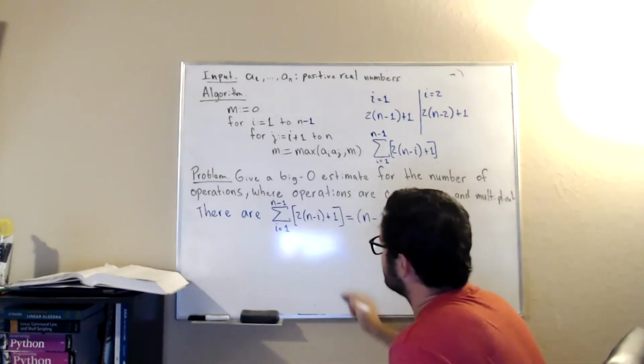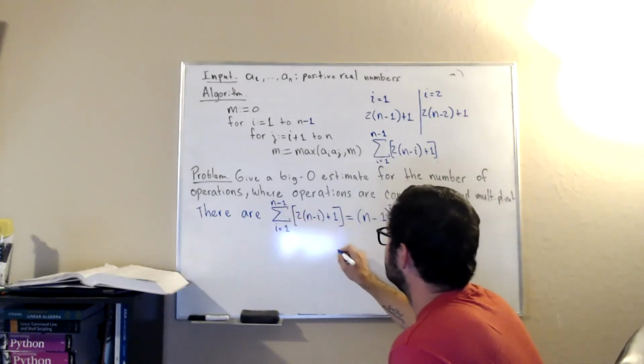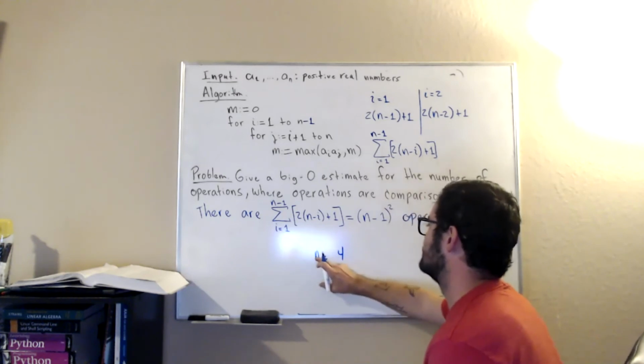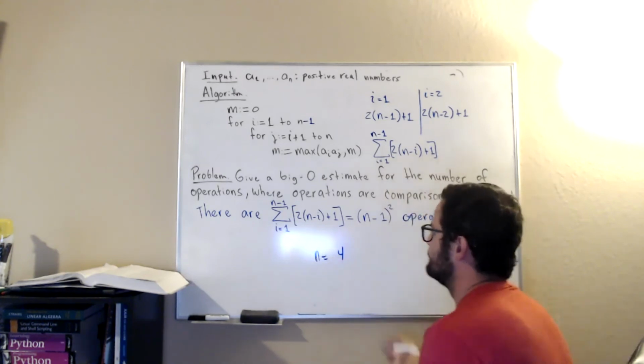So let me just make sure. If n is equal to 4, I'm just validating this guess of mine. I'm pretty sure that's it.